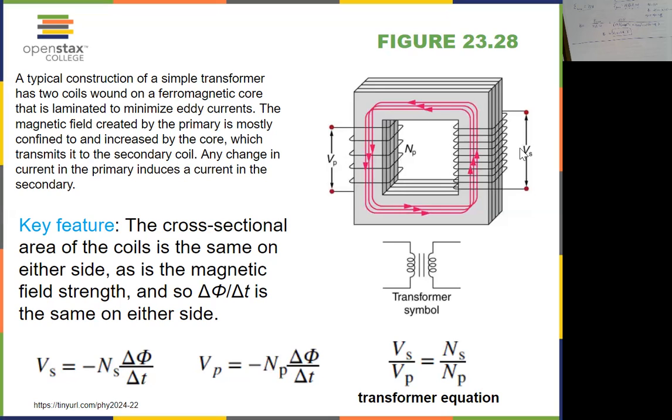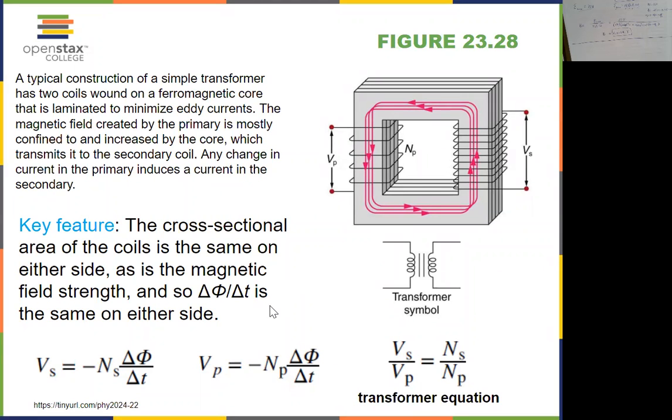That's because of the flux change. The flux change here and here will be the same because this is a ferromagnetic material. The B field generated by this coil, because this is the input, the primary, with current going through it, will be the same as the B field here. But you have more turns over here, so the flux over here will be more than the flux going through this side of the coil.